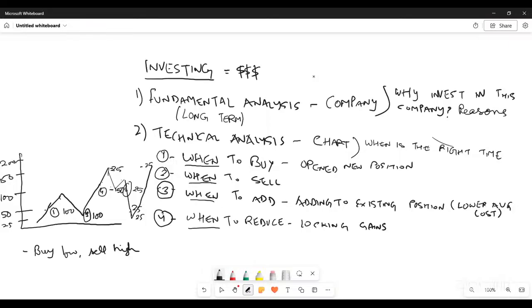You only want to do this if the company has strong fundamentals. So that goes to another thing here: only invest in good quality stocks.